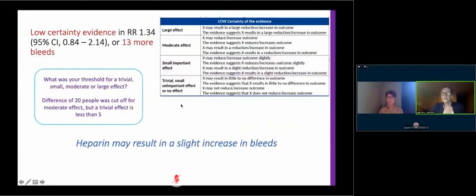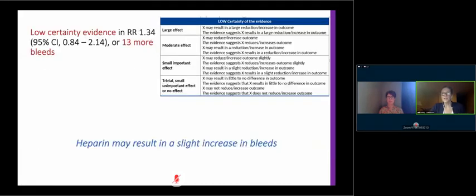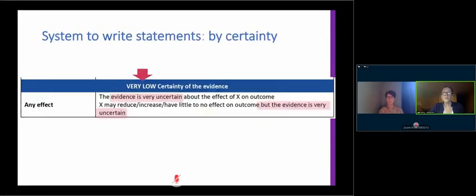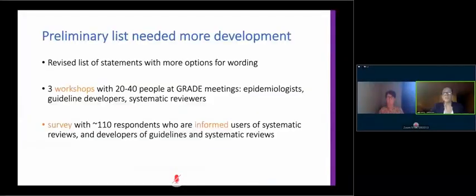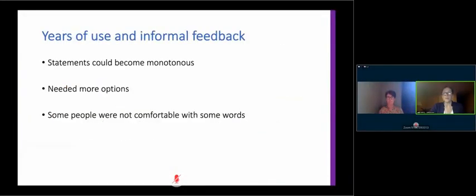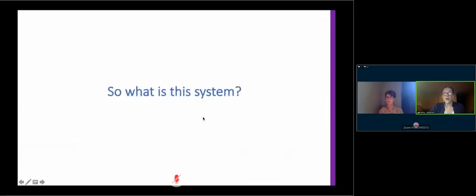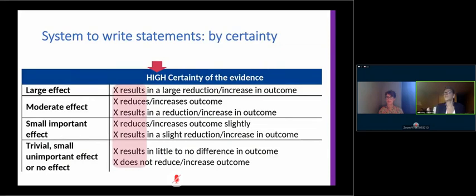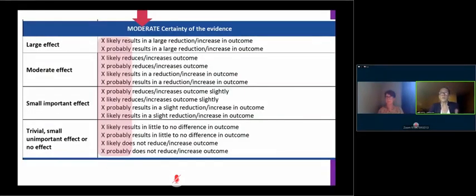Yes, and I think that's what we found, that over time some people were just not comfortable with the wording that we had initially proposed in 2014. So we have now come up with a few more options to choose from, because people didn't like using "probably," and they didn't like using "may."